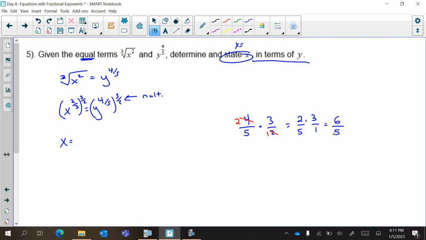Or just multiply the fractions in your calculator, that works too. And if you wrote this, you would be so close to being right, except you have an even denominator. So an even denominator means you're taking the square root, and when you take a root, you need a plus or minus.